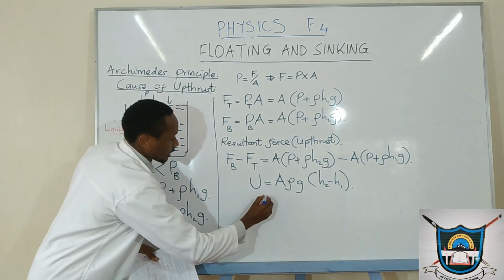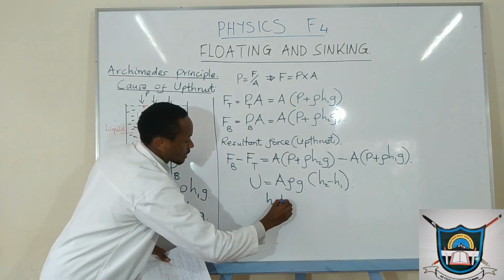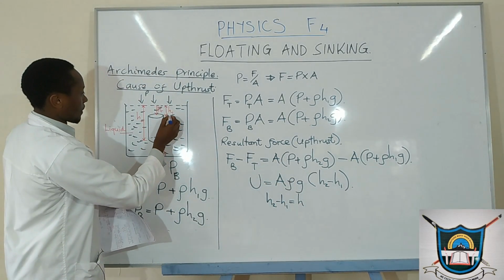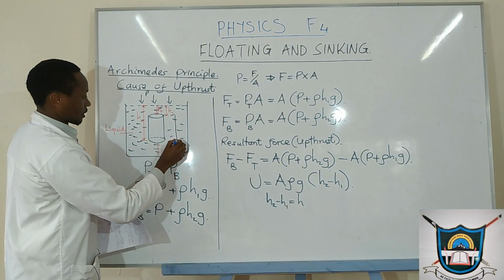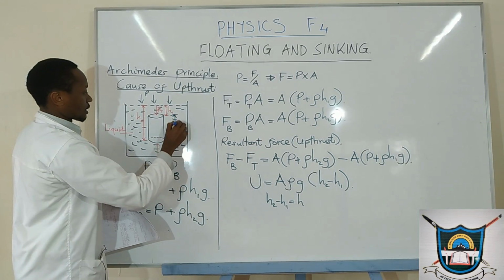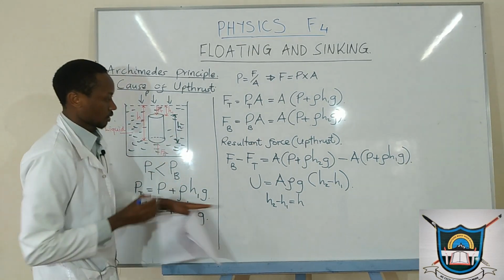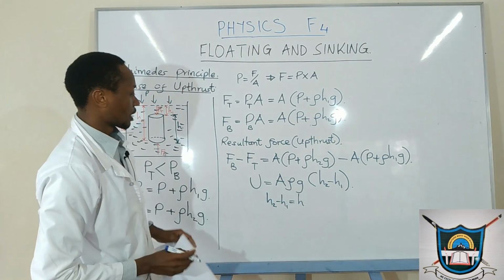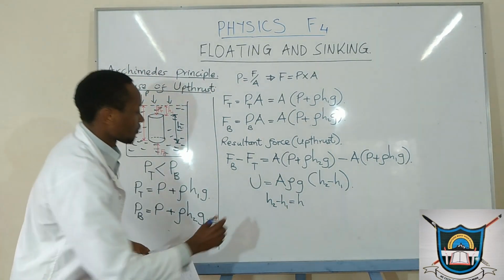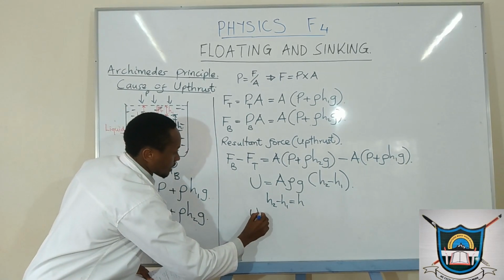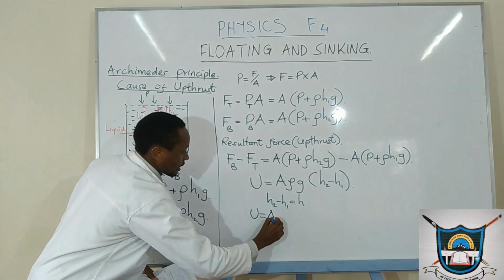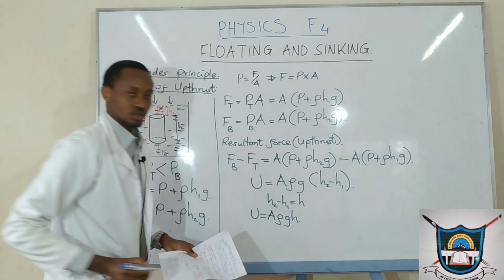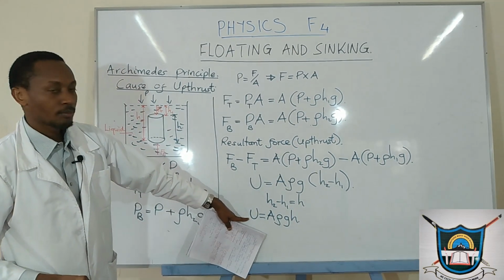Allow me to call it H here, the height of this body, which will be the same as H2 minus H1. Now let's move on. Therefore, we can represent this upthrust as upthrust equals area, density, G, H. So this is the formula for upthrust.